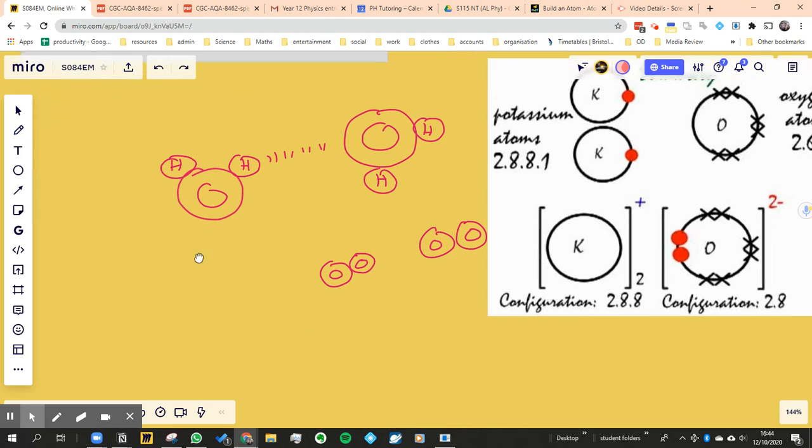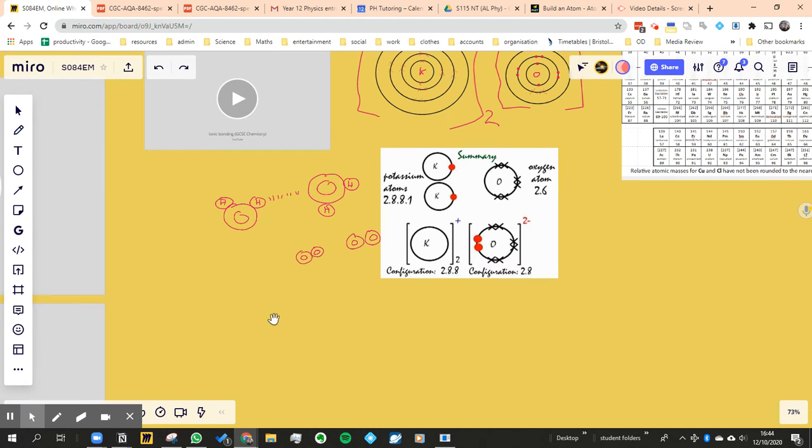A lattice in general is whenever you have a repeated pattern that goes on for as large as the object is.